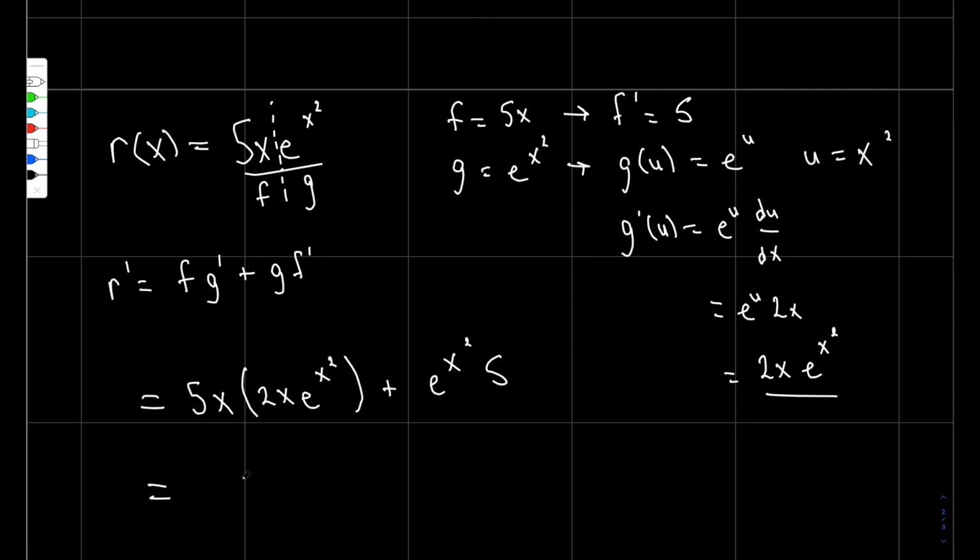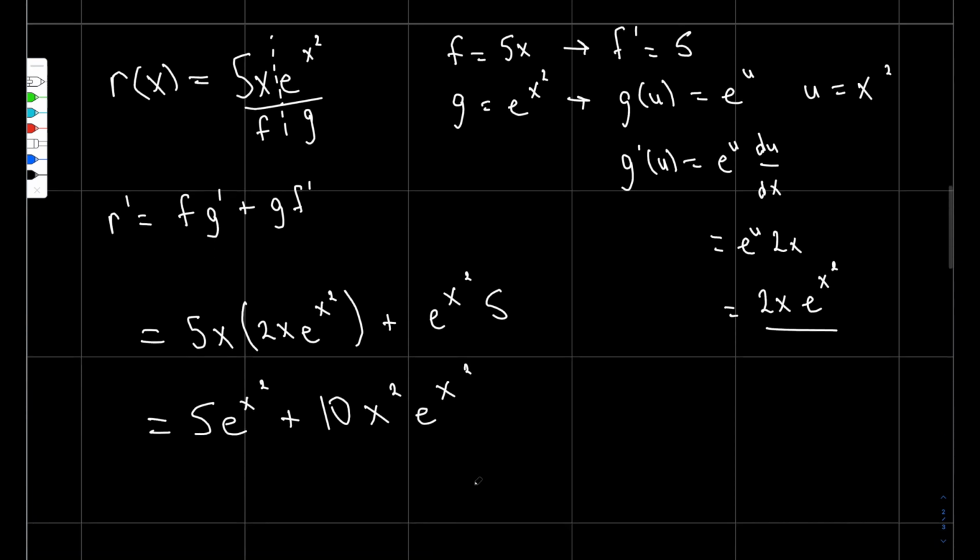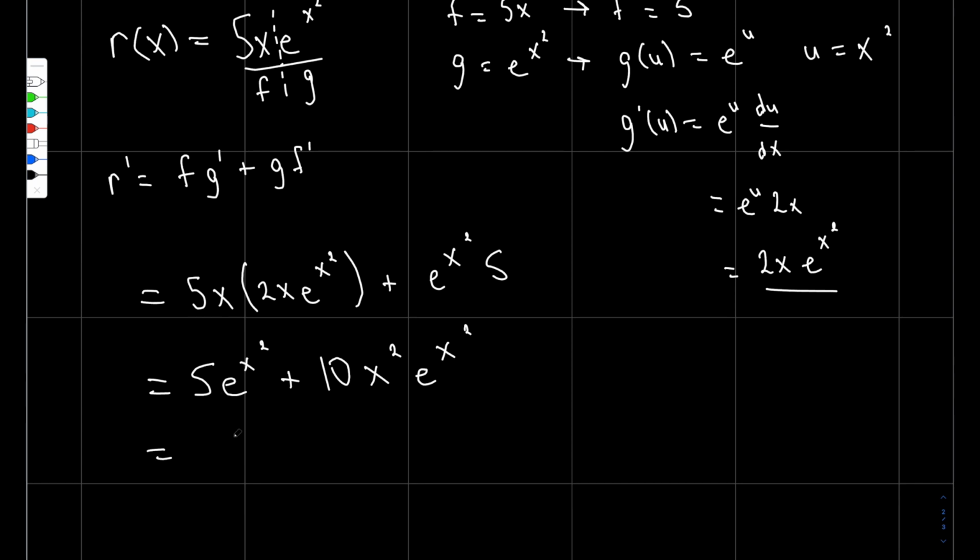So I'm going to write this one first: 5e to the x squared plus, 2 times 5 is 10, x squared e to the x squared. Now I see I can factor out a 5 and e to the x squared, so we have 5 e to the x squared, and then the rest is just itself.